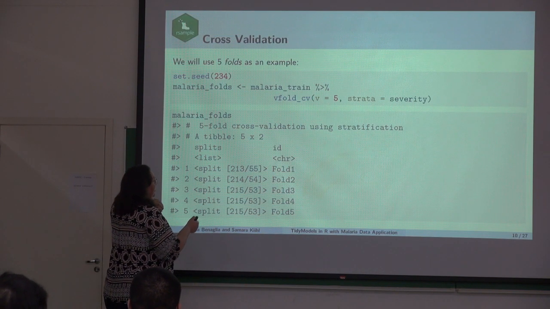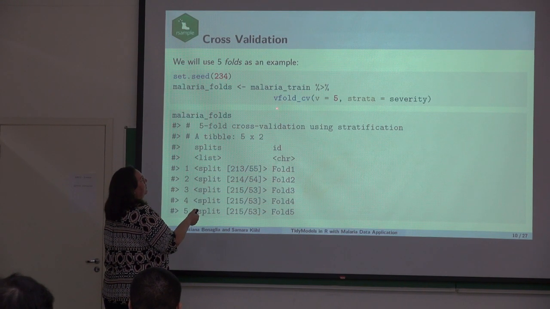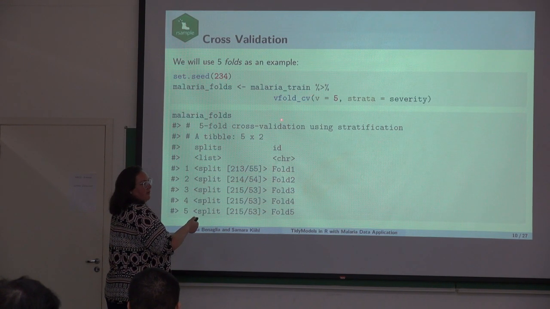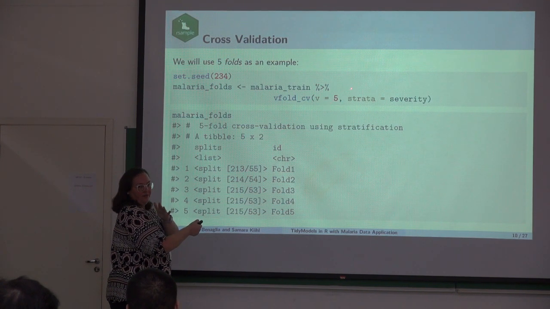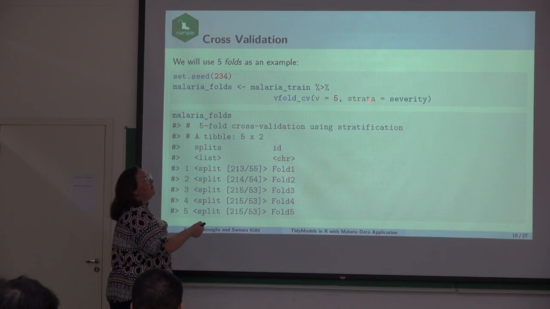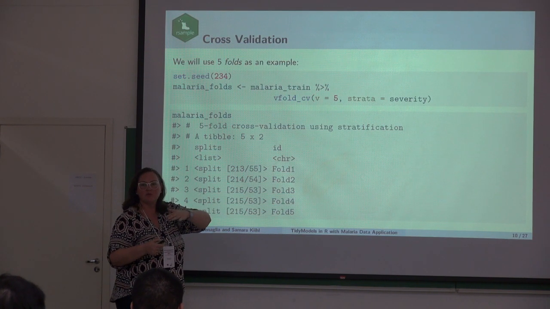Okay, so now we're going to get our train data, malaria train. We're going to do a cross-validation using 5 folds. I also want to guarantee that each fold has the same distribution of the response and everything.